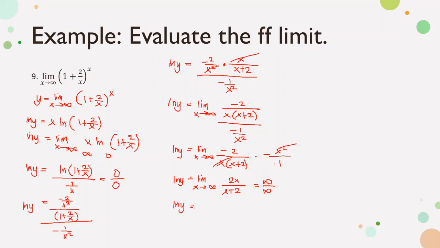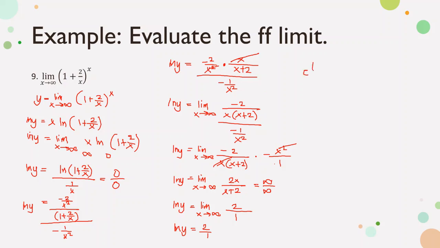So derive our numerator again. Let's just write our limit. The derivative of 2x is 2. The derivative of x is 1. So basically, our answer is 2 over 1. Now we have to remove the ln, so we raise e to both sides.